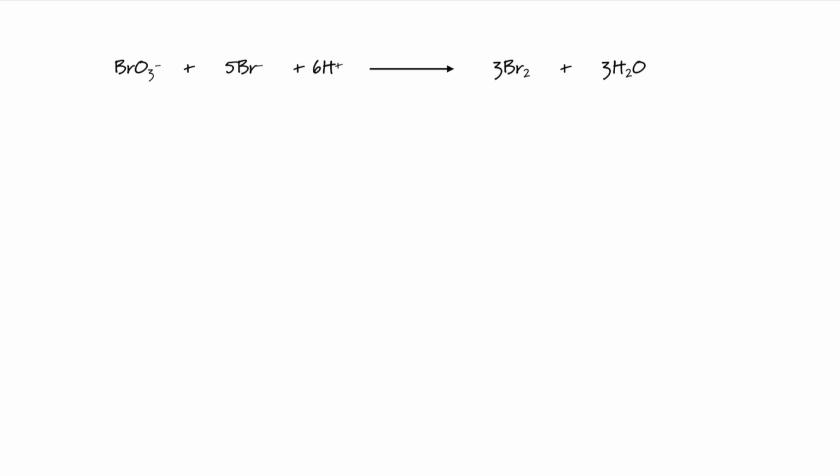Moving on to the reaction between bromate ions, bromide ions, and hydrogen ions. Well, experiments show that the rate equation for this particular reaction is rate equals K [BrO3-], that's our bromate(V) ion, [Br-], bromide, and [H+], hydrogen ions, raised to the power of 2.